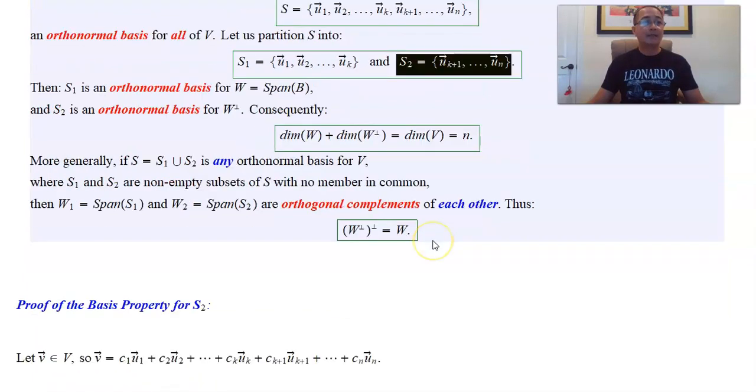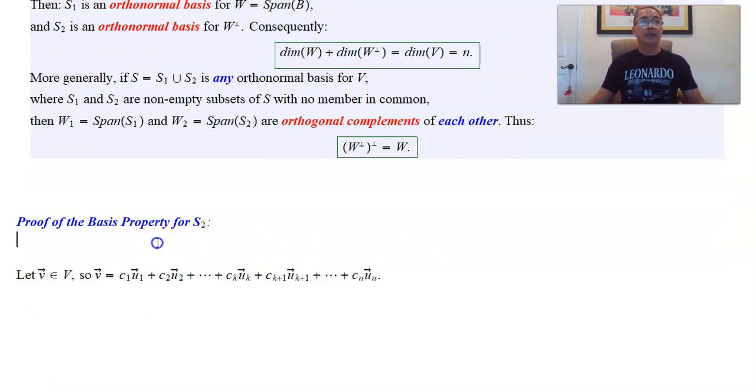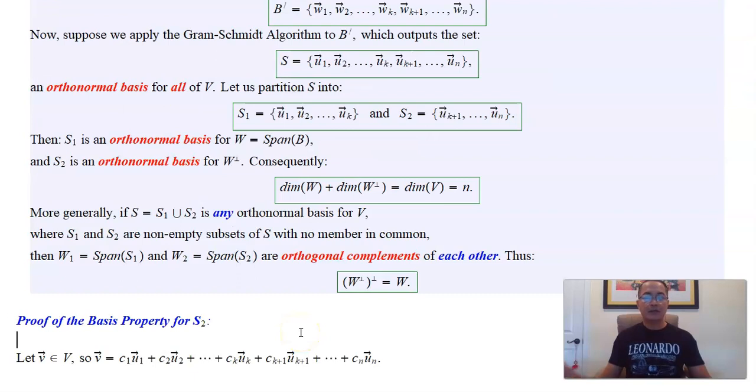Why is it that S2 is a basis for the orthogonal complement? Here's the setup. We want to look for all the vectors in our ambient space, V, which are orthogonal to every vector in W1 through Wk, which is our basis for W.